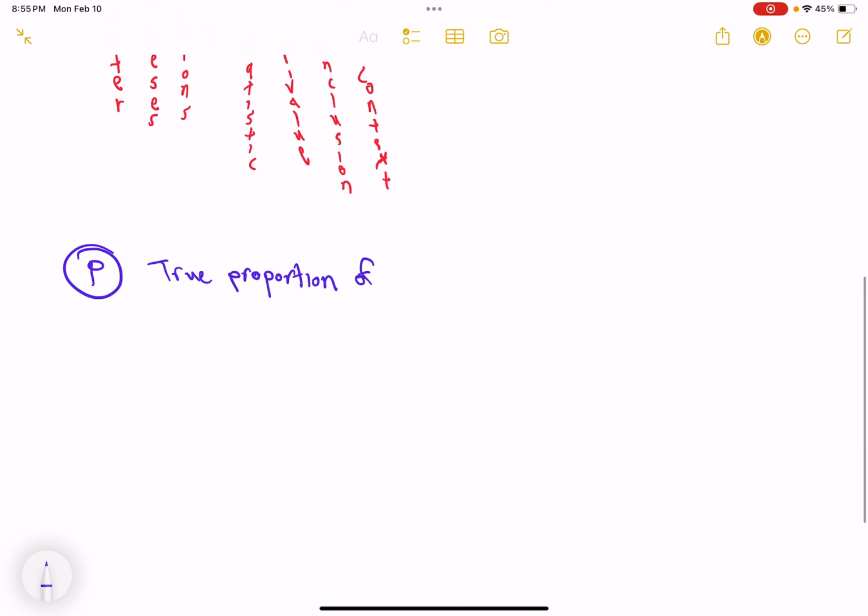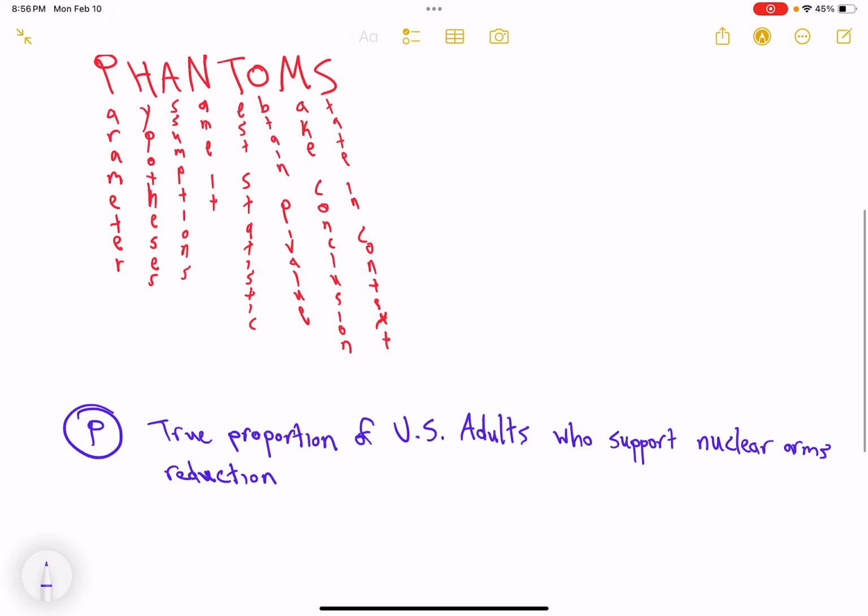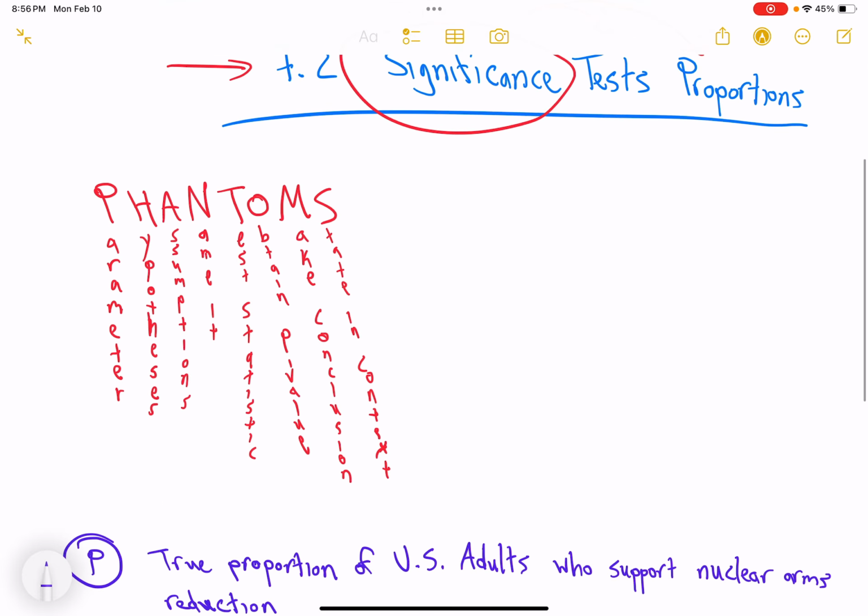Yep, US adults who support nuclear arms reduction. And lo and behold, my heroes, my legends, you've already done a chunk of the process, right? M and S are really one step, so it's really 7 steps. You're 1/7 of the way there.